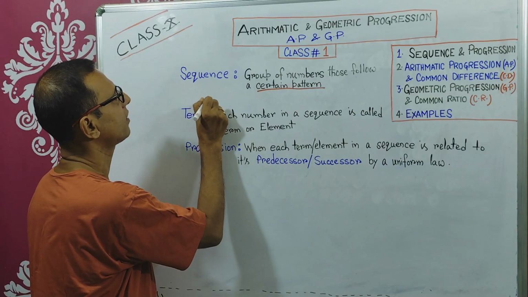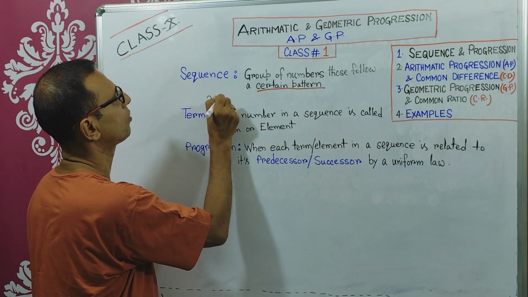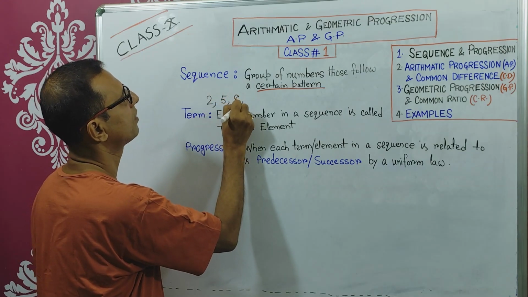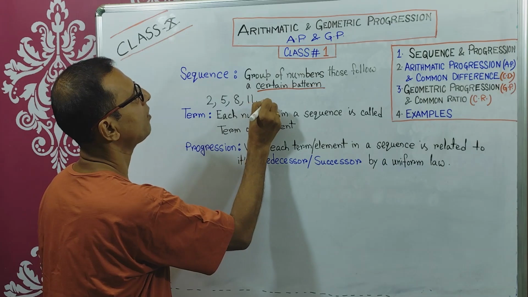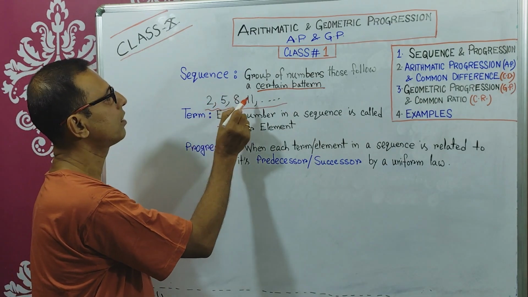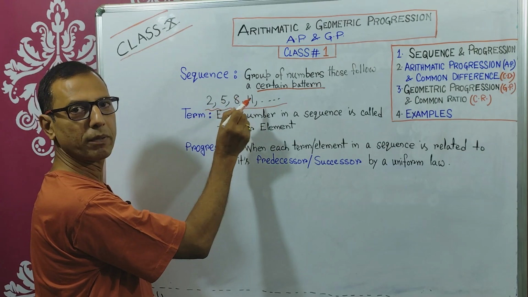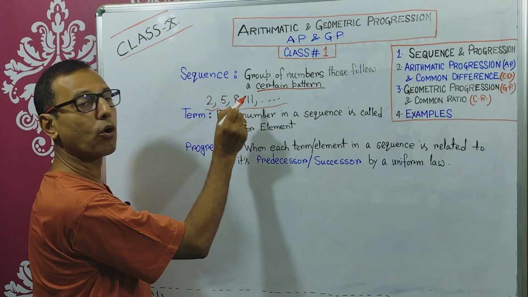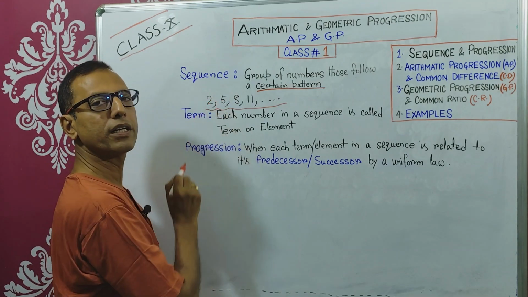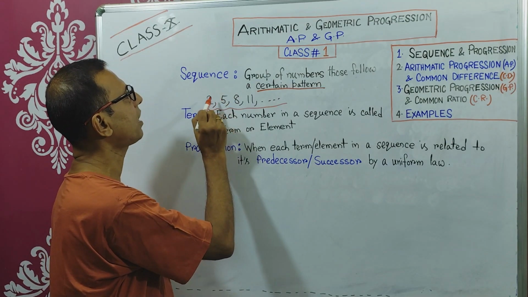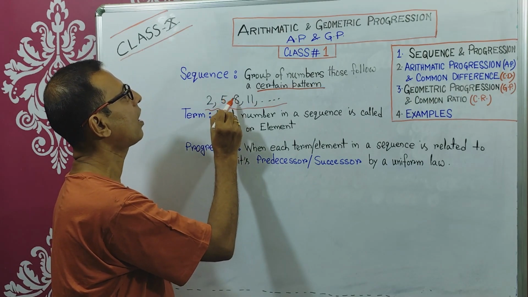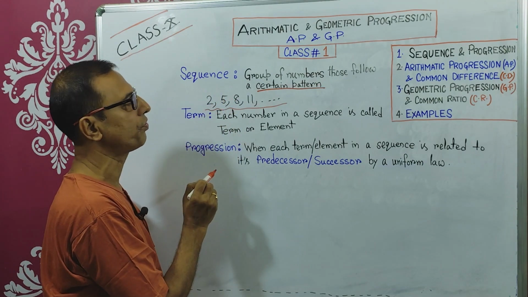Let's say there are certain numbers given in this order: 2, 5, 8, 11, and so on, right? If you look into this group of numbers, they are in a certain order: 2, 5, 8, 11. What is the difference between 5 and 2? It is 3. So the second term and first term difference is 3. The difference between the third term 8 and the second term 5 is 3.